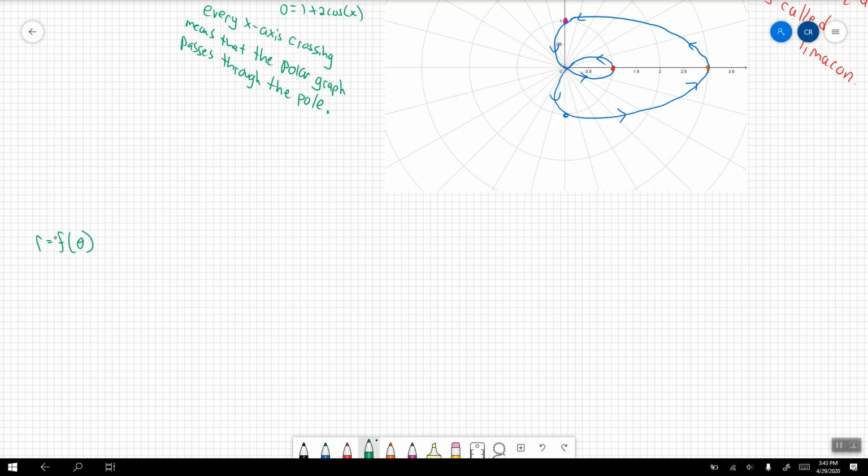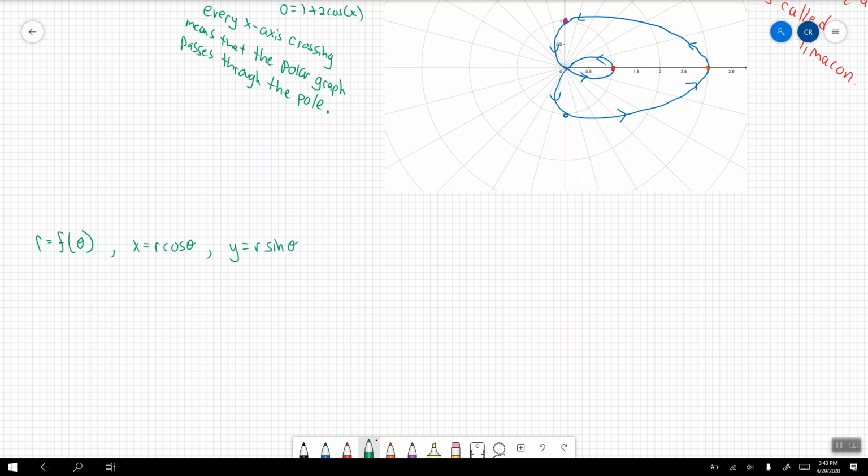In other words, we can define some function in terms of theta, and this is going to be for my r values. And we also said using polar coordinates, we have x equal to r times cosine of theta, and y equal to r sine of theta.